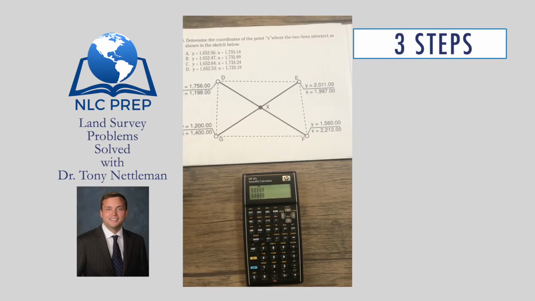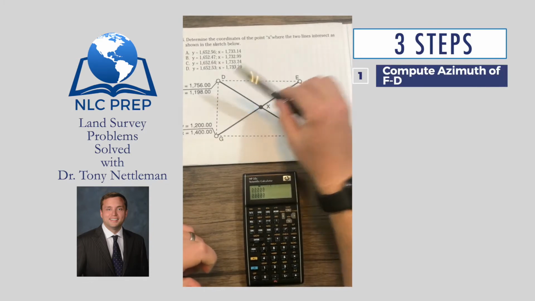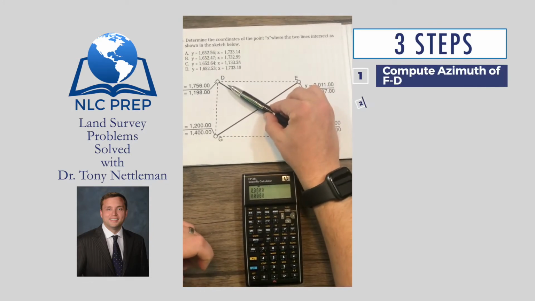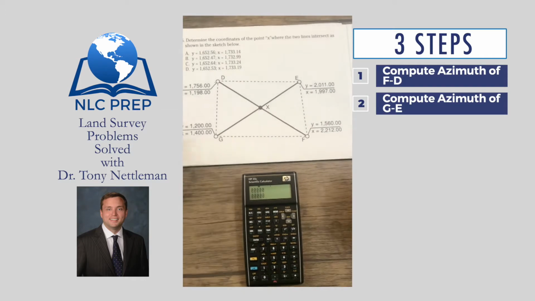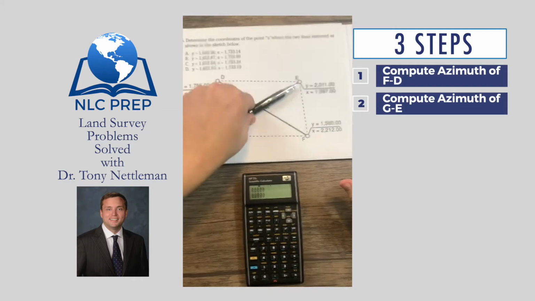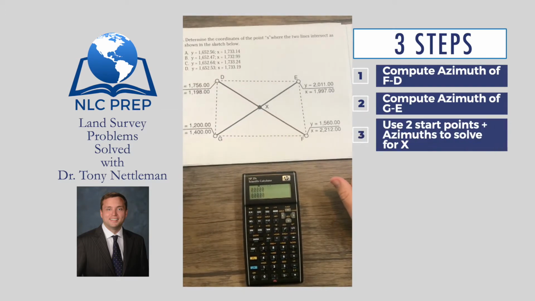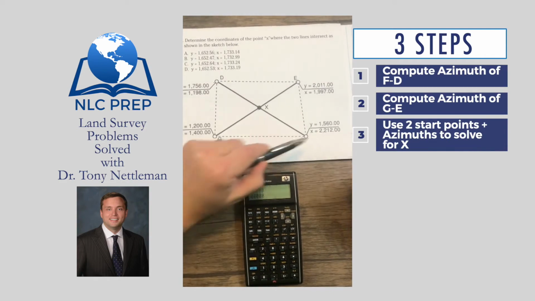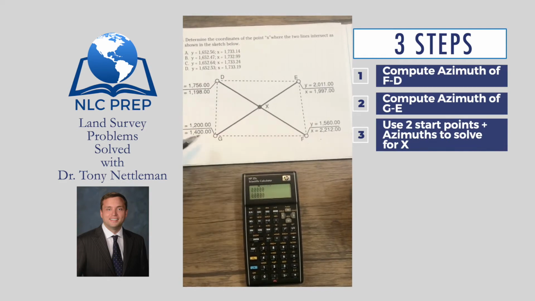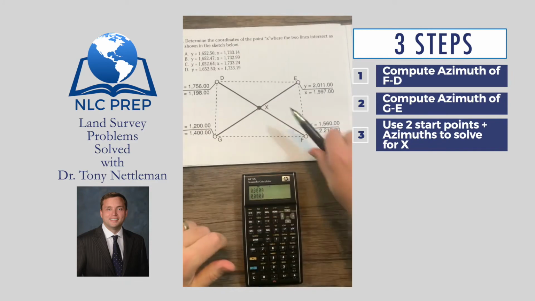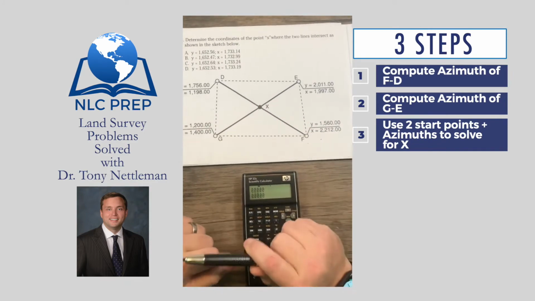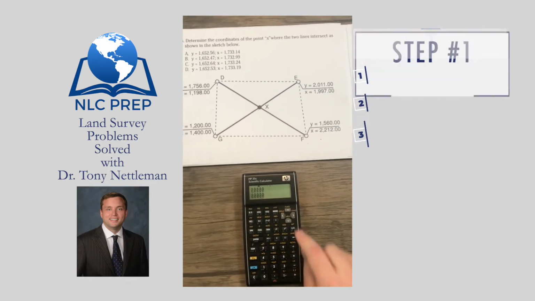This problem is going to be solved in 3 steps. The first step is computing the azimuth of FD. The second step is going to be computing the azimuth of GE. And the third step is going to be using our 2 points, our starting points, and the azimuths to come up with X. So let's do it.